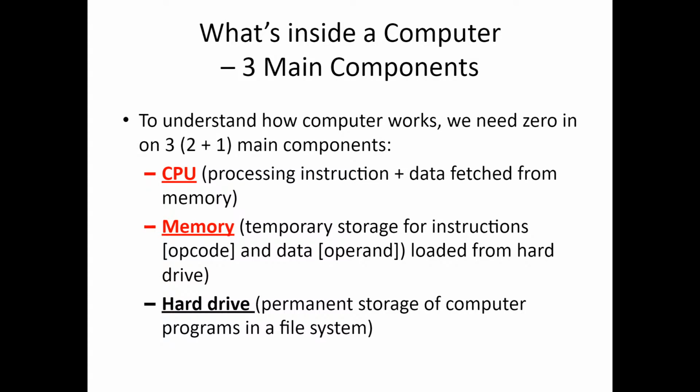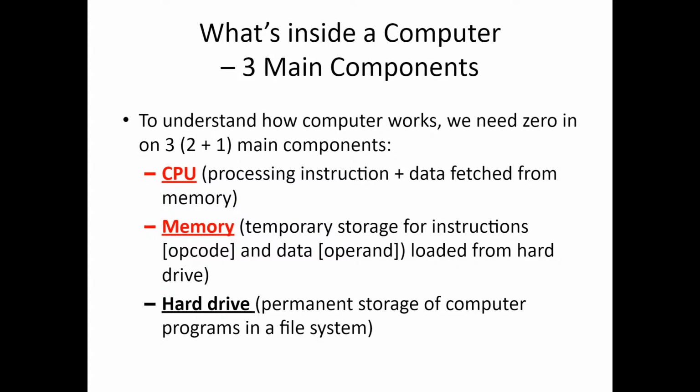And here we get into more detail with the main components. The CPU is essentially just fetching the data and the instructions and performing whatever you tell it to do, except it can only do it in binary, as we learned with the ALU bits. Next we have the memory. This is the temporary storage, so this is not the hard drive but the RAM. It is temporary storage for instructions.